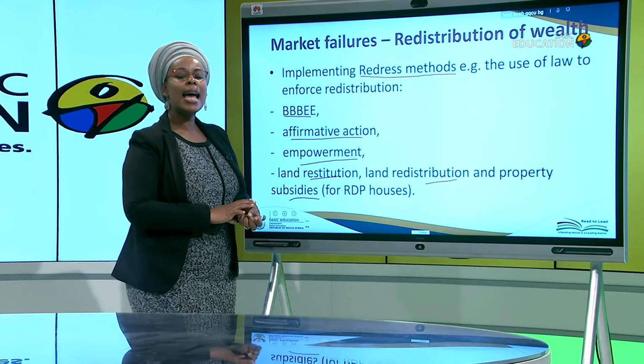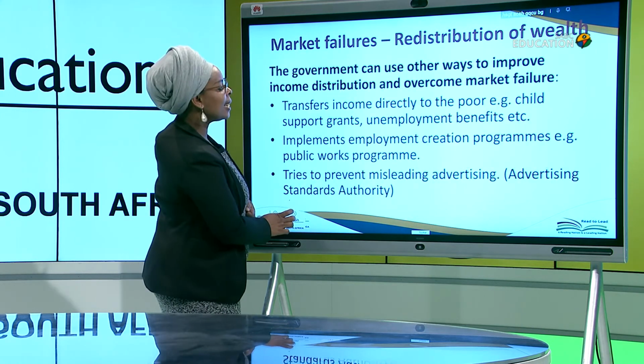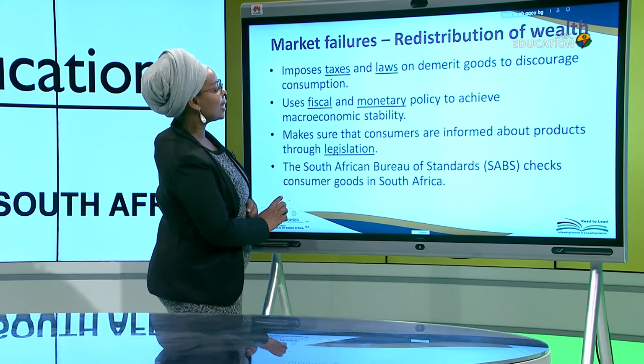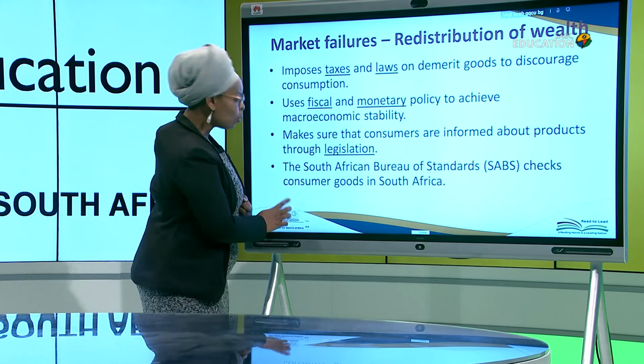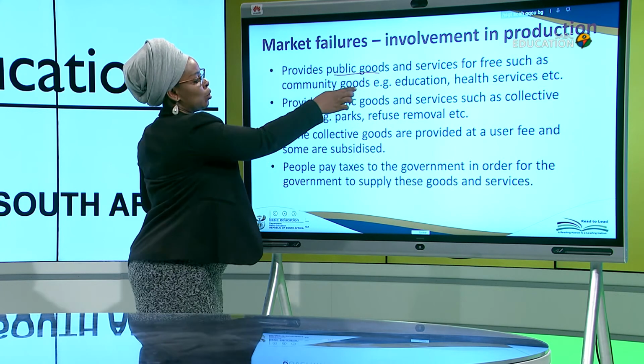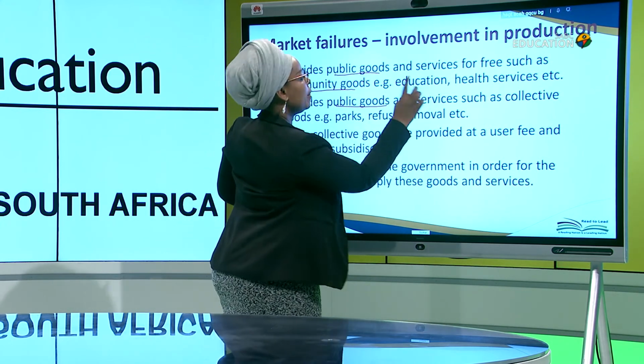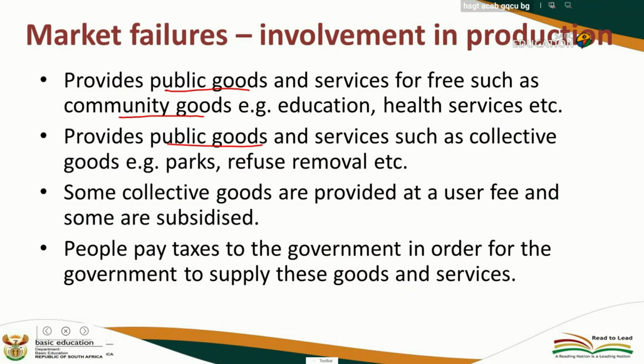So lastly, as government in production, what we are saying is that the government in production can provide certain services like public goods, which are community goods, public goods which are collective. Collective goods simply means that we will have to pay for them.